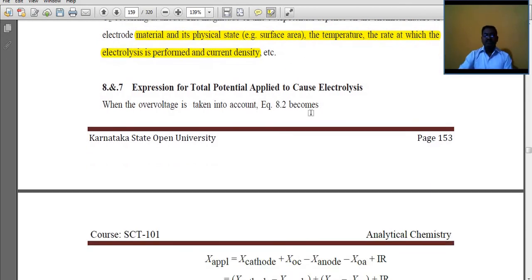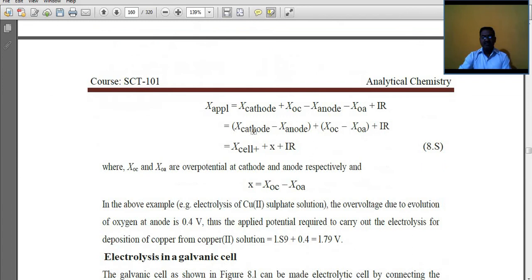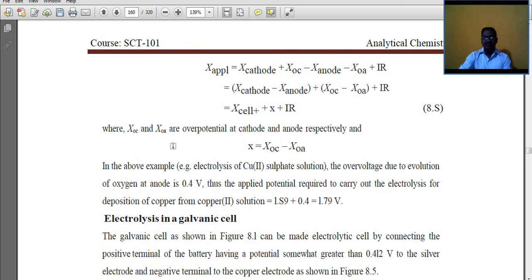What is the expression for the total potential applied to cause electrolysis? Here this is the overpotential. E applied is equal to E cathode minus E anode minus IR, plus overpotentials. Here eta C and eta A are the overpotentials at the cathode and anode respectively.